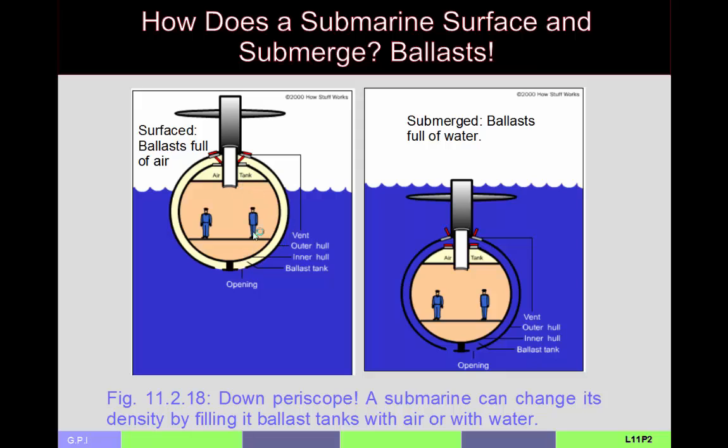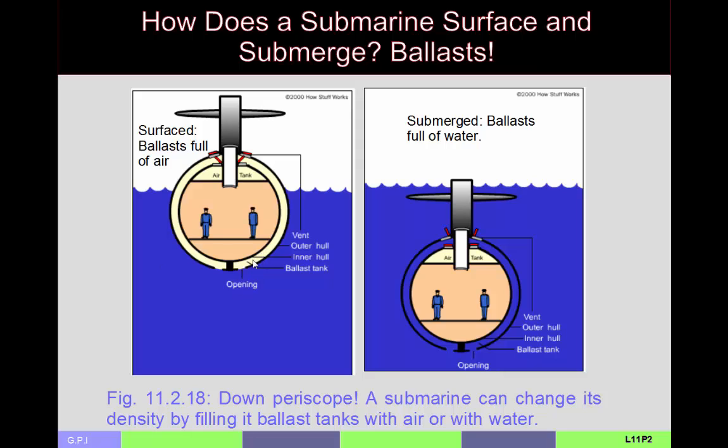There's usually a tank that you pump the air in or out of, and then you can pump the air back into the ballast or mechanically pump the water out of the ballast and then allow it to refill with air, etc. And when this is filled with air instead of water, then the density of the submarine as a whole is less dense than the surrounding water, and so it floats. So that's how submarines are able to surface or submerge.